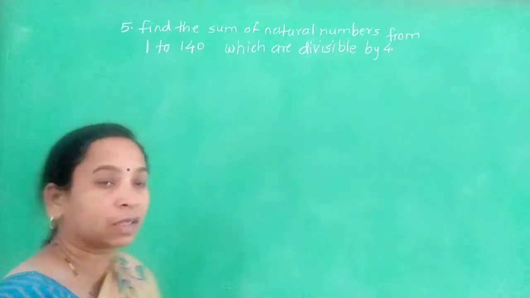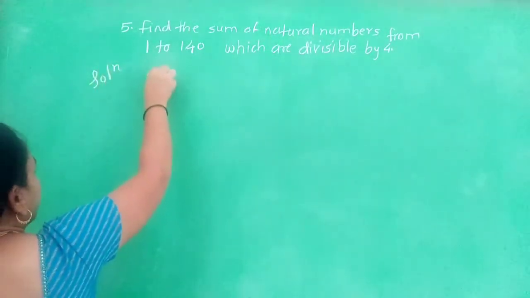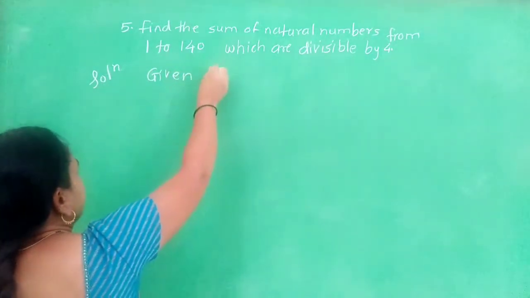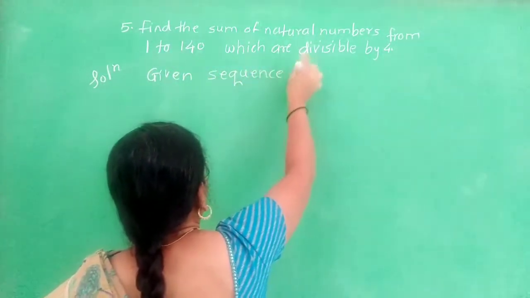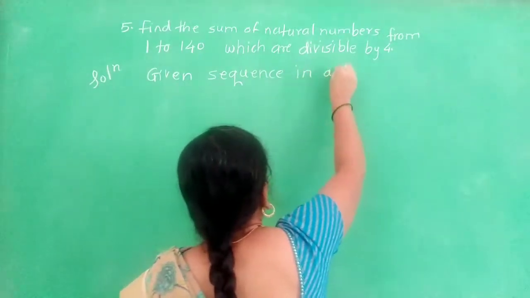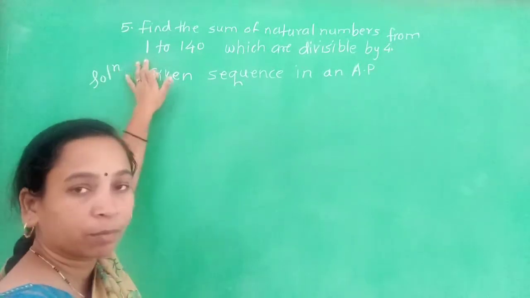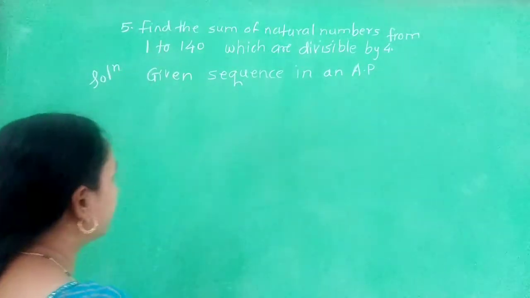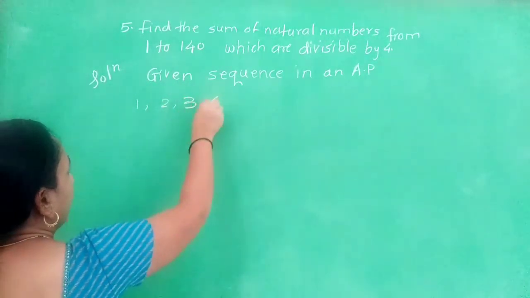First we will see the sequence. So solution, given sequence is an AP. The number starts from 1, but it is not divisible by 4. 1, 2, 3 and 4.